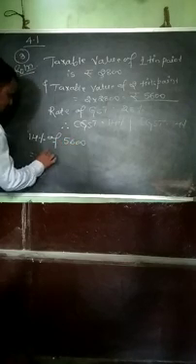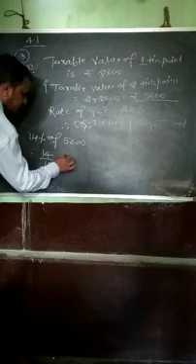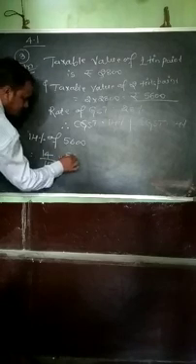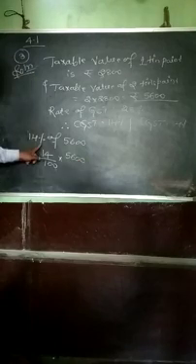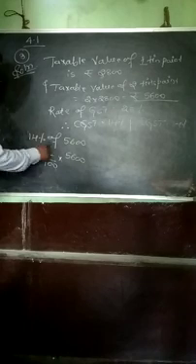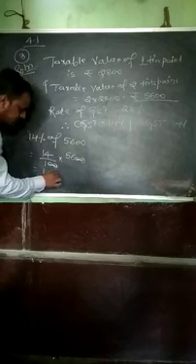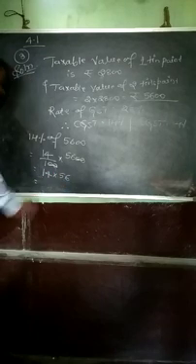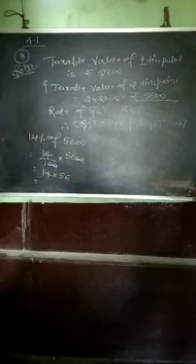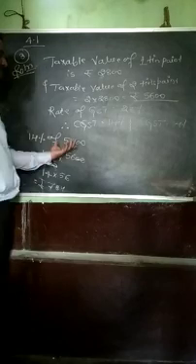See here, 14 divided by 100 into 5600. If you remove the percentage sign, it becomes divided by 100, and 'of' means multiplication. The zeros get cancelled, 14 into 56, therefore 14 into 56 is equal to rupees 784. This is the CGST.